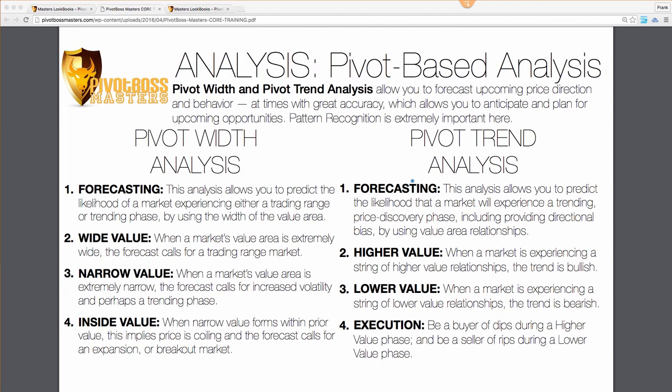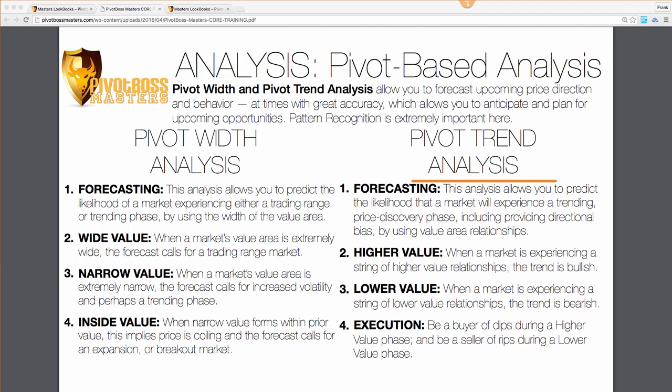So right here we have pivot trend analysis. So number one is forecasting. And forecasting with this one is basically this analysis allows you to predict the likelihood that a market will experience a trending price discovery phase, including providing directional bias by using value area relationships.